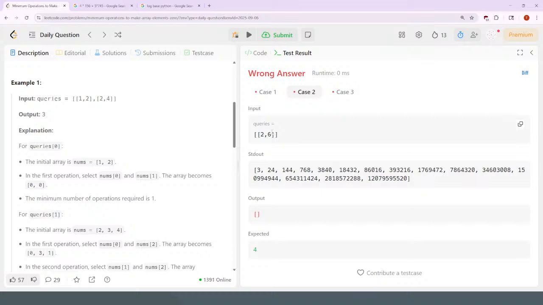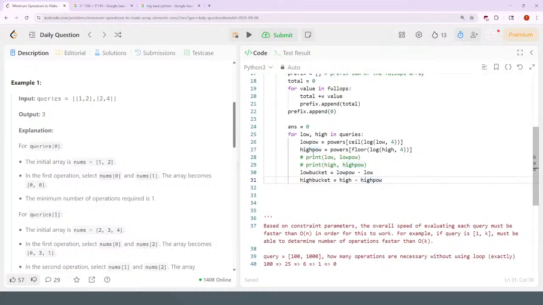So it would give you 6 minus 4, which gives you 2. It actually should be 3 because it's 6, 5, 4. So this one should be plus 1.